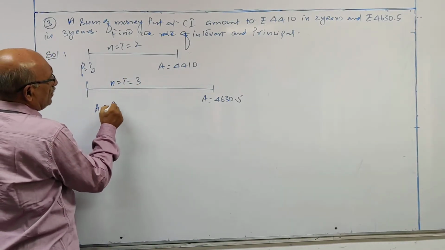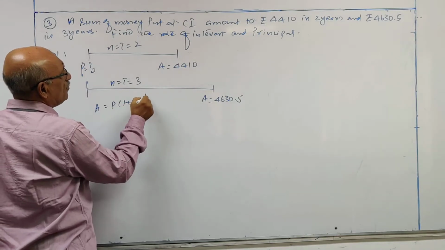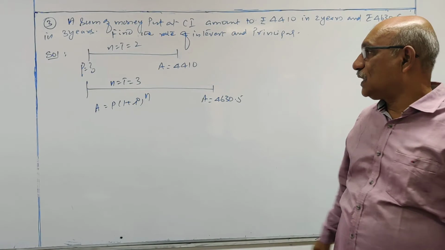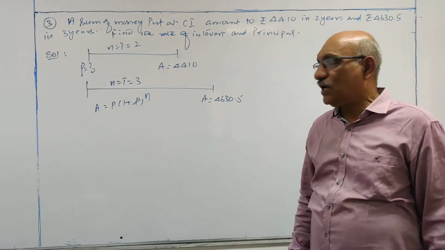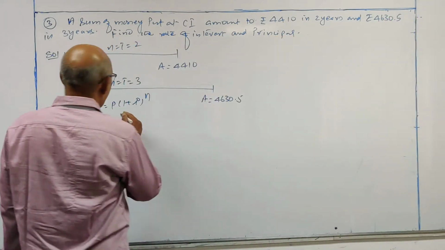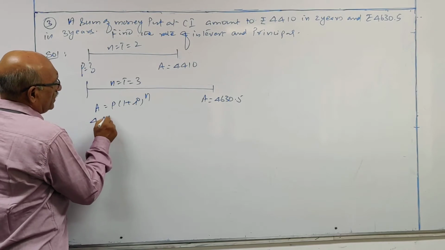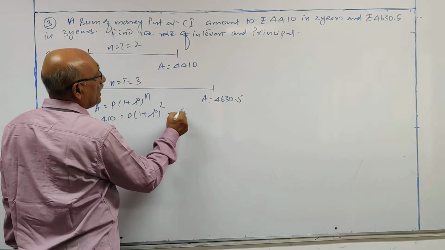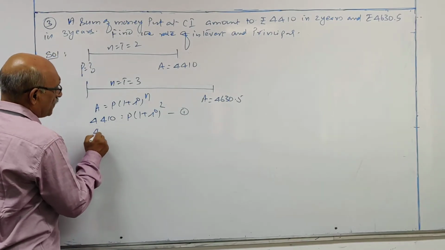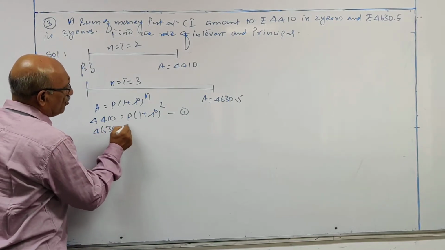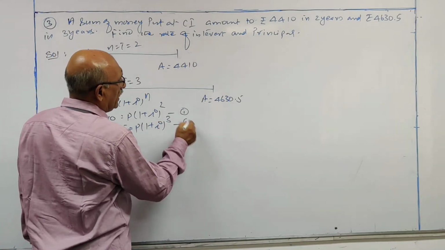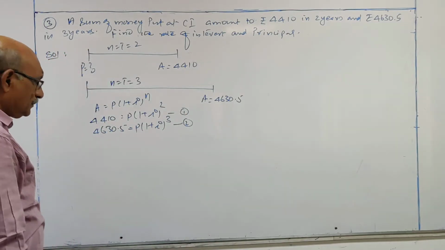So amount is equal to principal into (1 plus I) whole power n. 4410 is equal to P into (1 plus I) whole square. Equation number 1. 4630.5 is P into (1 plus I) whole cube. Equation number 2.